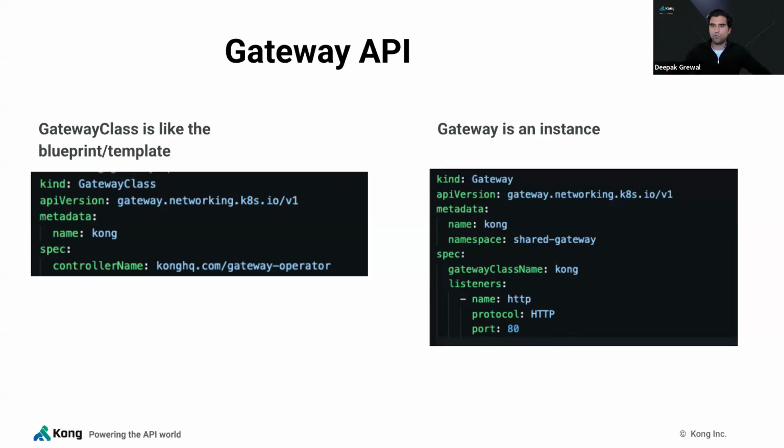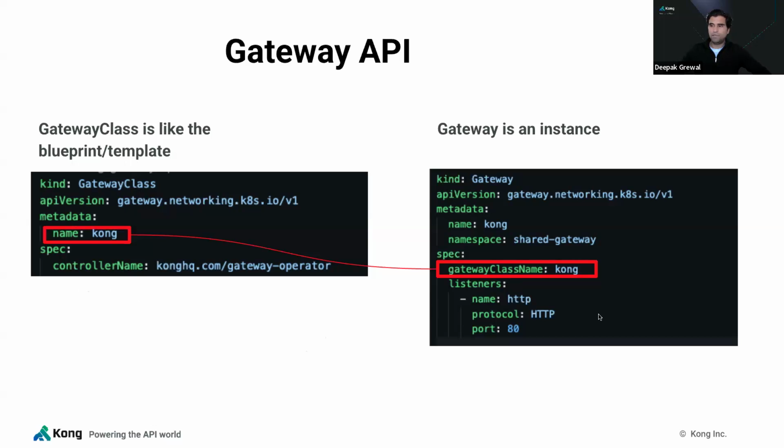Whereas in this way, you can actually see which listeners there are on a gateway, and it's easy to configure. The gateway class name is how they're linked, of course. So once you create a type of gateway class or a blueprint, you can instantiate it by providing it the same class name.